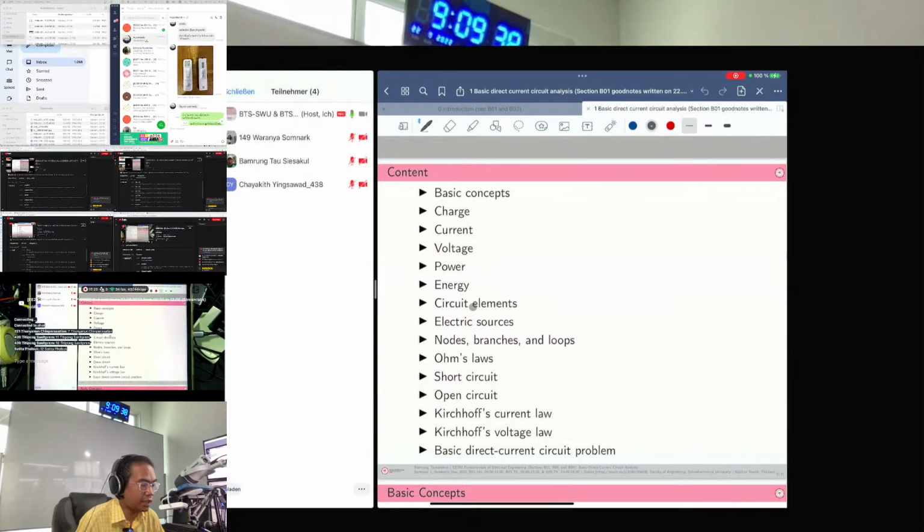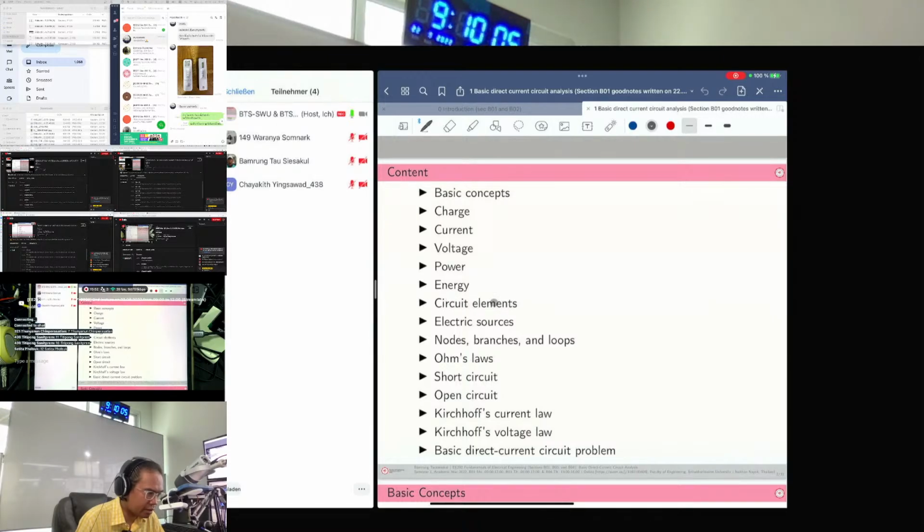The next one is the circuit elements. Now we will go into the circuit analysis. We need to know what is a circuit element and what is not. The next one is electric sources, because circuit elements can be electric sources.